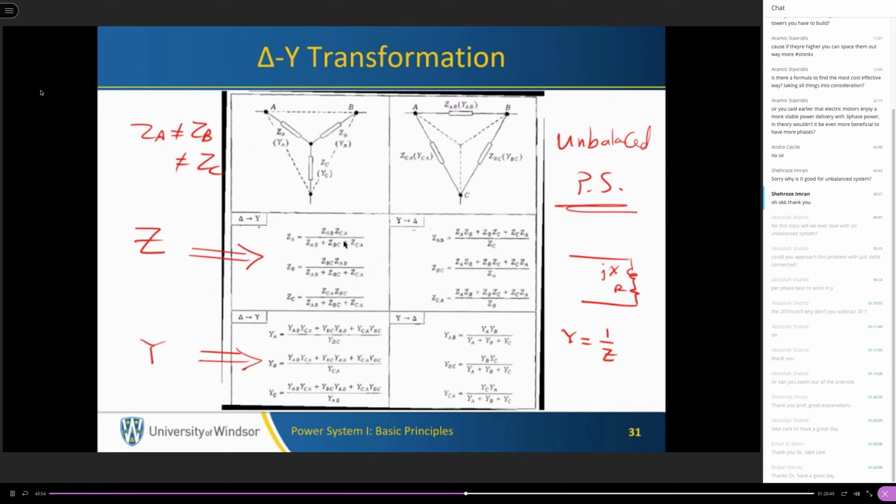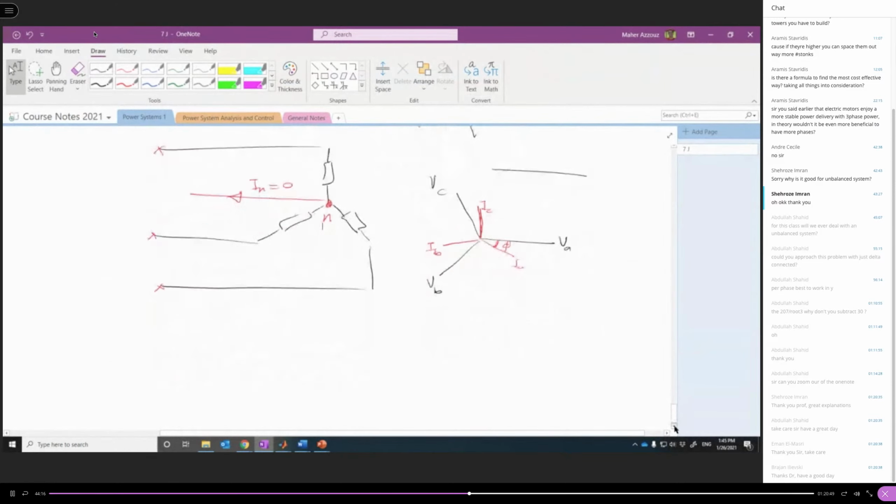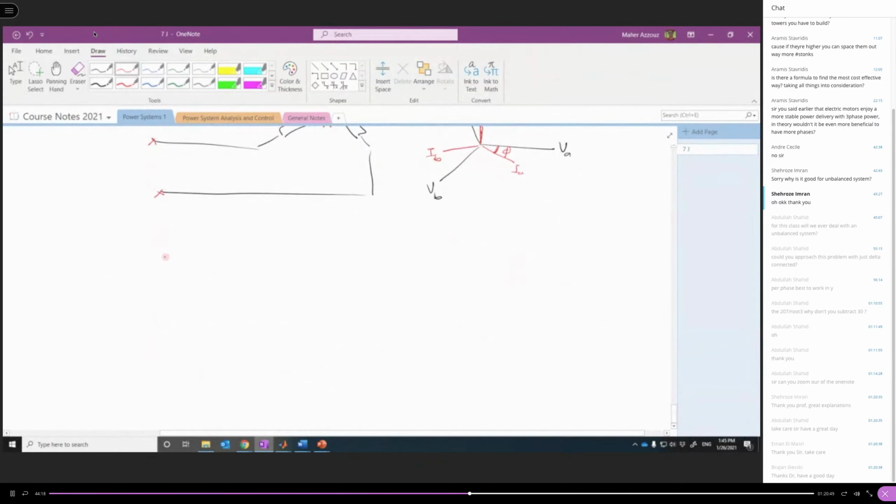And even nowadays, when they invented the DC transformer, I mean a power electronic device that is capable of stepping up and stepping down DC voltages, the analysis is way easier than AC systems. If we have DC systems, you don't need to worry about the reactive power. This is very simple. Like in AC systems, let's say we have a line between two nodes like this.